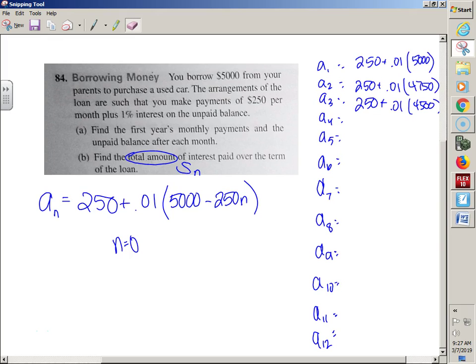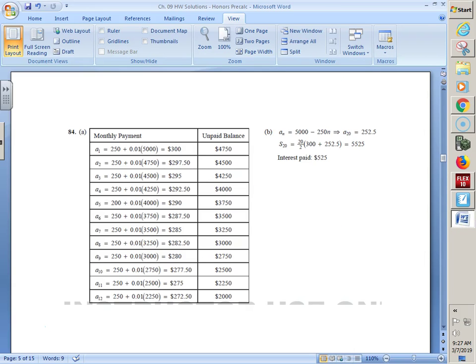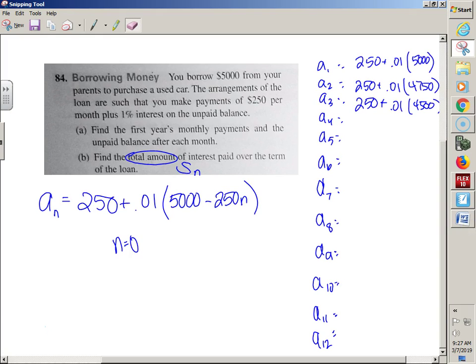Okay, so think it out. You're not paying $250 a month, you're paying extra, right? But how much on your loan are you paying off per month? $250. If you're paying off $250 a month on your loan, when will your loan be paid off?